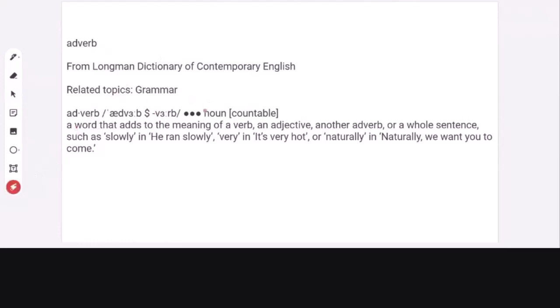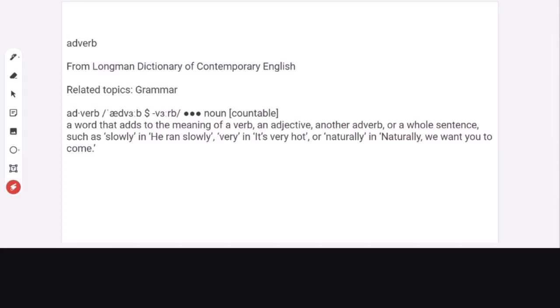A word that adds meaning to a verb, or it adds meaning to an adjective, or it adds meaning to an adverb. Basically, it gives more information about the verb, about the action. It gives more description about the adjective, more detail, more specific. Another adverb, it gives more information about the adverb. It modifies the adverb, it modifies the adjective, it modifies the verb.